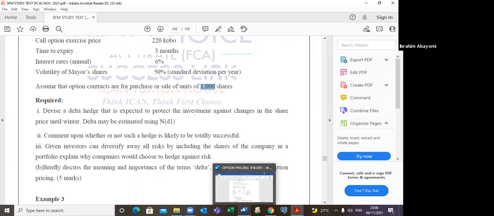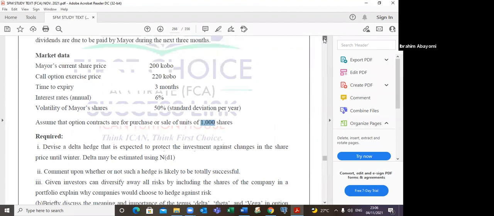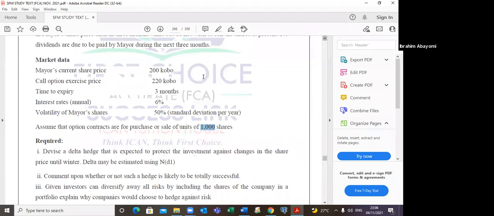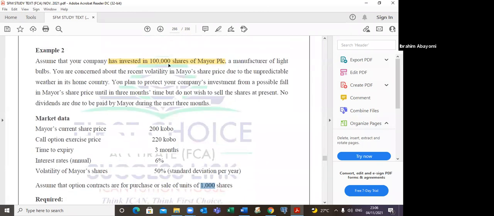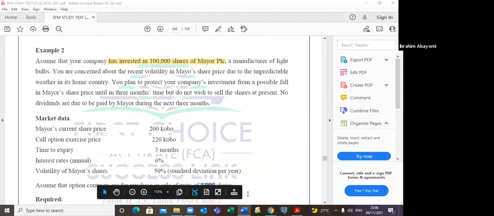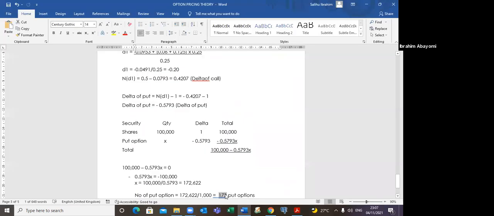How will I know whether it's going to be totally successful? We have 100,000 shares, Abi, and we are using 173 units of put option to hedge it.